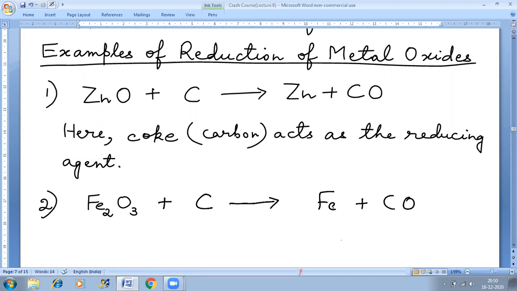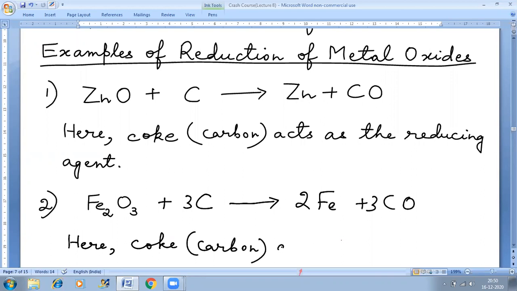Again here, if you see, carbon has acted as a reducing agent. Again I can write the same thing. Here coke, that is carbon, acts as the reducing agent.